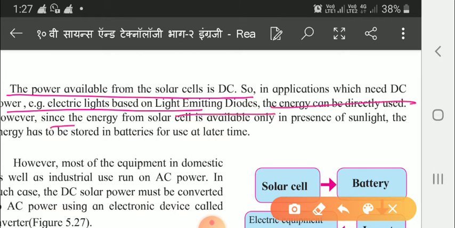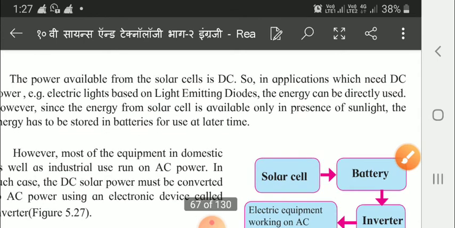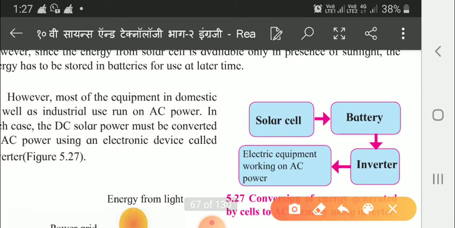Since the energy from the solar cell is available only in presence of sunlight, the energy should be stored in batteries. Now most of the equipment in domestic as well as industrial use runs on AC power. So the DC solar power must be converted to AC power before using these devices. So here you can see solar cells, this energy is stored in the batteries, then with the help of an inverter it is changed to AC power.